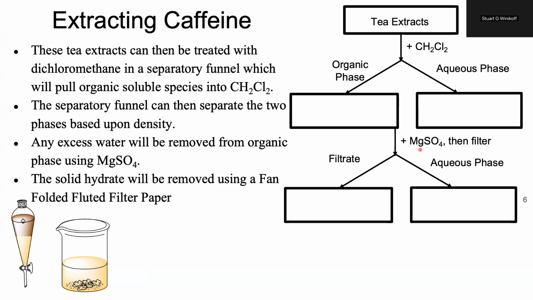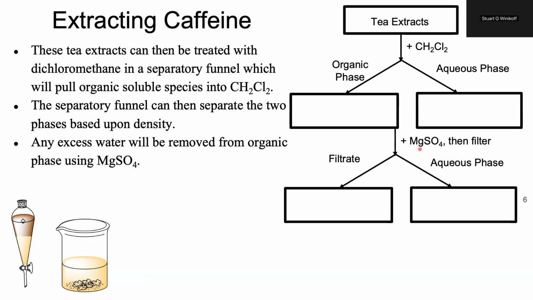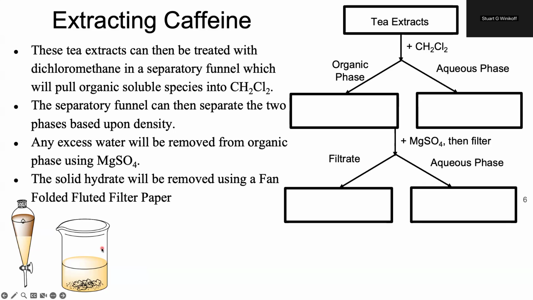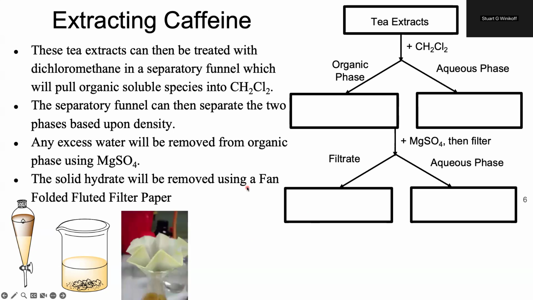And so it should readily absorb water, but still remain as a solid. I can then remove this solid hydrate using something called fan-folded fluted filter paper, which is just a fancy way of saying origami with filter paper that will maximize the surface area and encourage quick filtering of our organic phase.